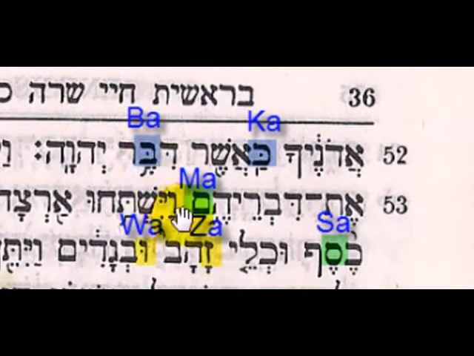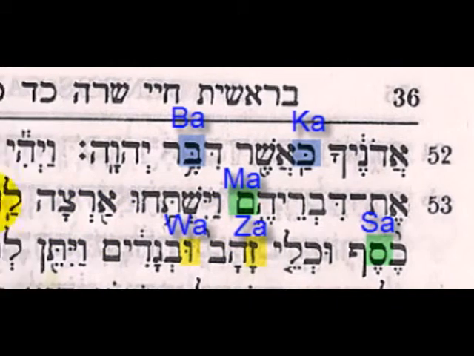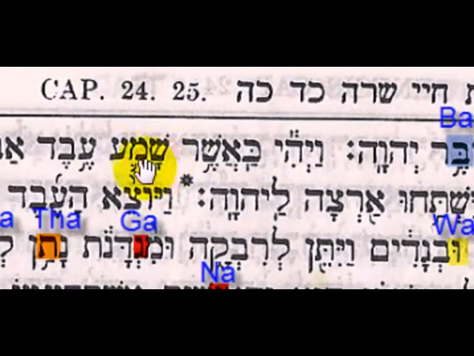Now the next two letters I want to deal with are the Ma, the final Ma, and the Sa. Let me look through here, see if I can find, okay, this word here is Shemai. The second letter here is a Ma. The word Shemai means to listen or to hear. This is the regular Ma.